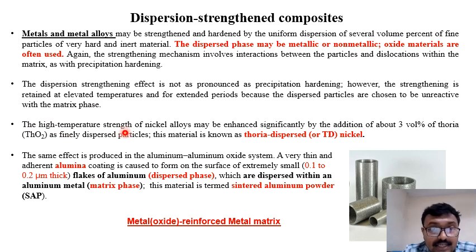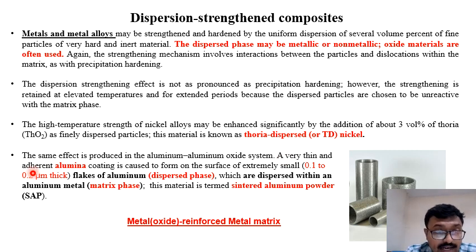The high temperature strength of nickel alloys may be enhanced significantly by addition of about 3% volume of ThO2 as finely dispersed particles. This material is known as thoria dispersed or TD nickel. The same effect is produced in the aluminum oxide system.